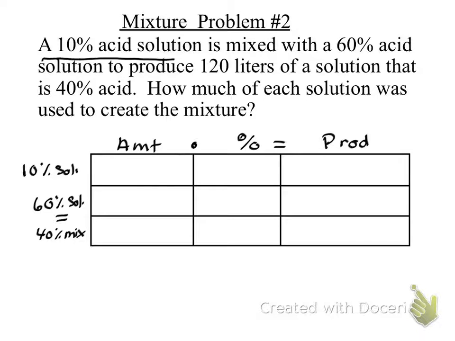A 10% acid solution is mixed with 60% acid to produce, that's the result, 120 of 40% acid. Does that make sense? So that's how I named them, what they're called.